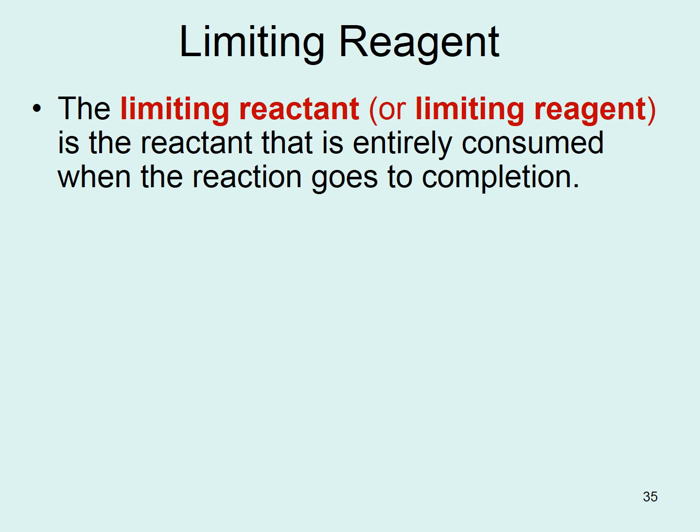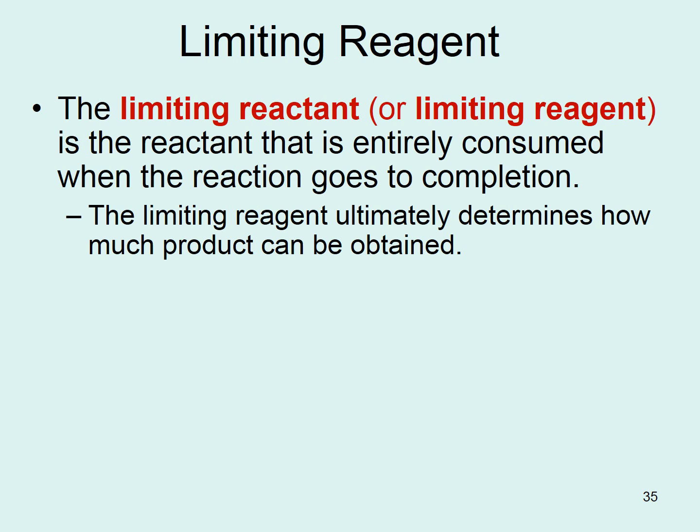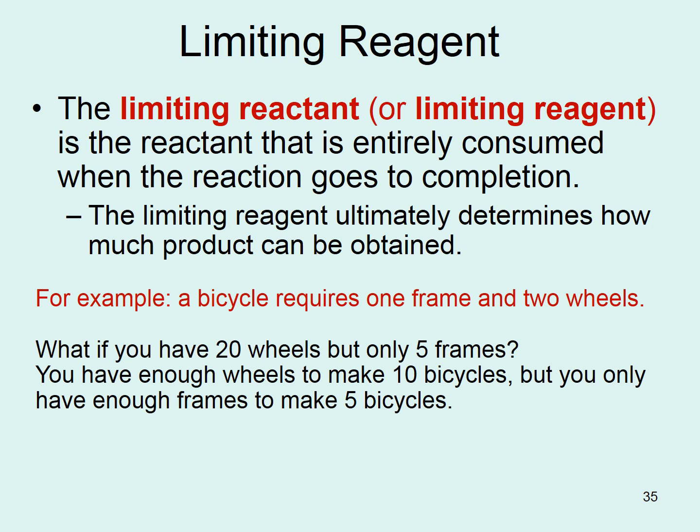It's a very rare chemical reaction where that happens. You'd have to be really careful to do that. It's possible, but generally speaking, one or the other of your reactants there's more of than you need. So the one that gets used up completely is called the limiting reactant. It limits how much of the product you can make. So yeah, the limiting reagent ultimately determines how much product can be made.